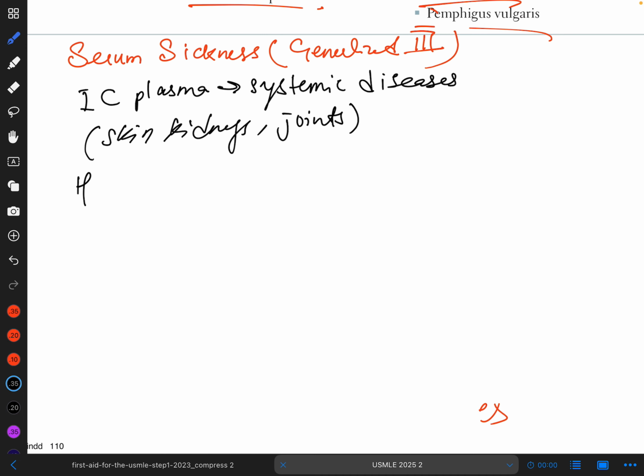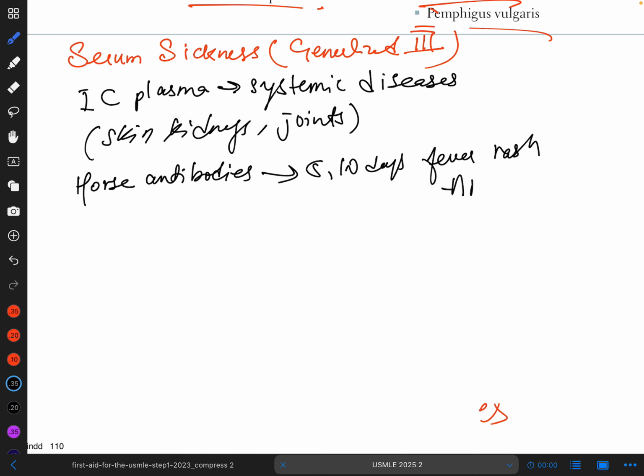One person took horse antibodies, and after 5 to 10 days he developed symptoms of fever, rash, and pain of the joint.